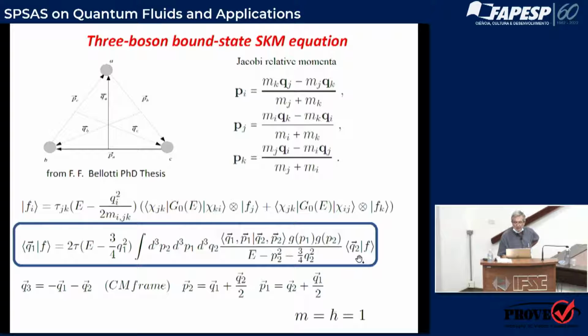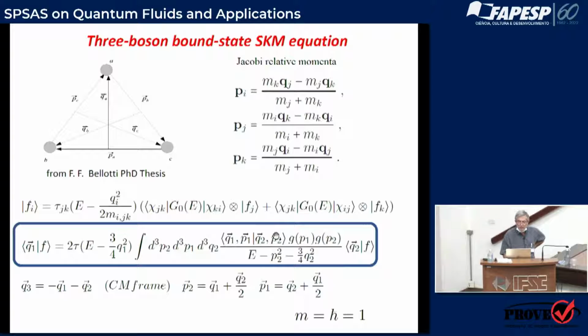The only point is that here is the momentum with respect, for example, to boson 2, okay? And then we have to take into account that these form factors here are just a constant. We introduce unit resolution in terms of the Jacobi momentum that you see here, no? And then this is the general form.